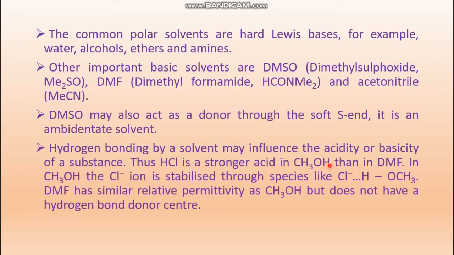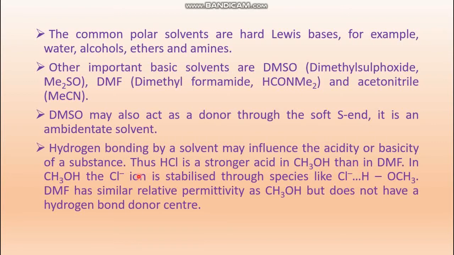That means it is positively polarized, so it can easily form a hydrogen bond with conjugate bases like chloride here. But dimethyl formamide does not have any site like this. Both have similar relative permittivity, but methanol would influence more acidity towards the acids.